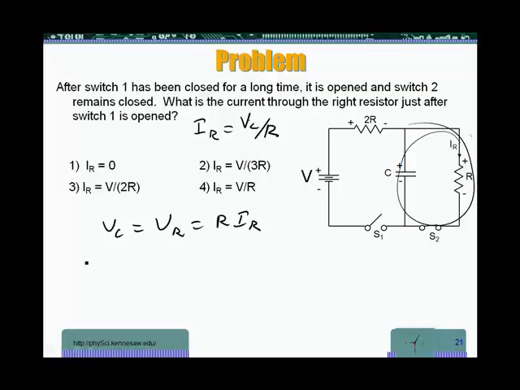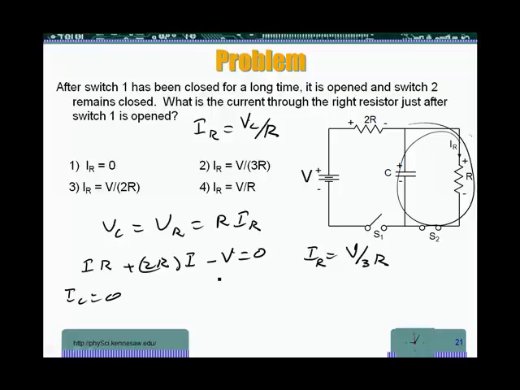But then we are going to have IR plus twice R I minus V is equal to 0. So I is going to be V over 3R. And I is the same as IR, since the current through the capacitor is 0. Remember, after a long time it is 0.